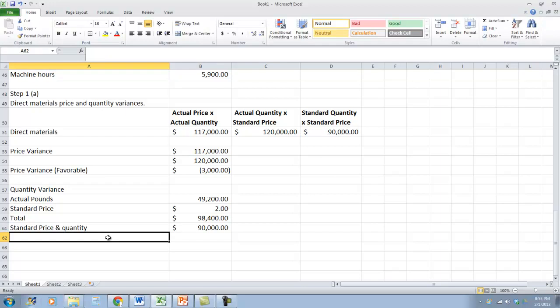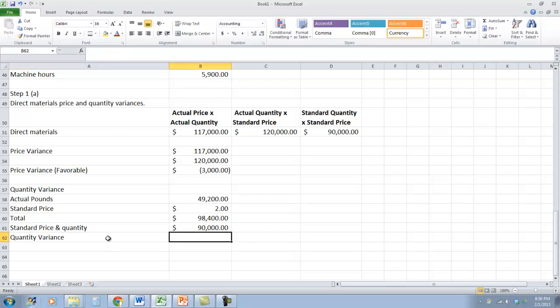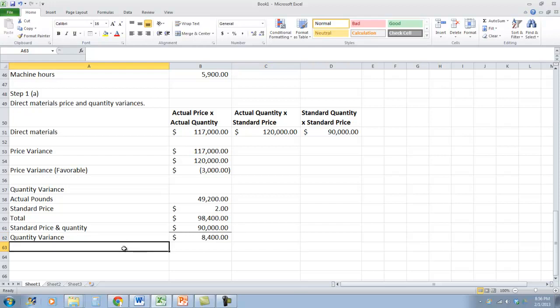So this is our quantity variance, equals the 98,400 minus the 90,000. So our quantity variance resulted in $8,400 more in cost.